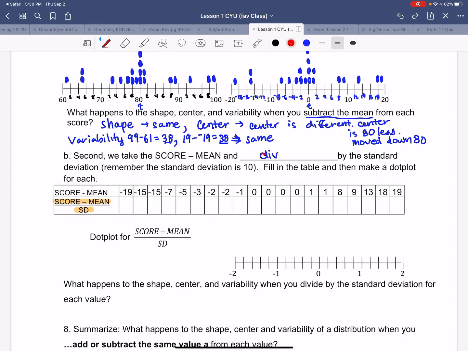I'm going to use a different color here just so we can see this different step. Remember the standard deviation is 10, so we'll fill in the blank. After we subtract the mean, we are now going to divide by 10. So that's really handy. We'll just move the decimal place.